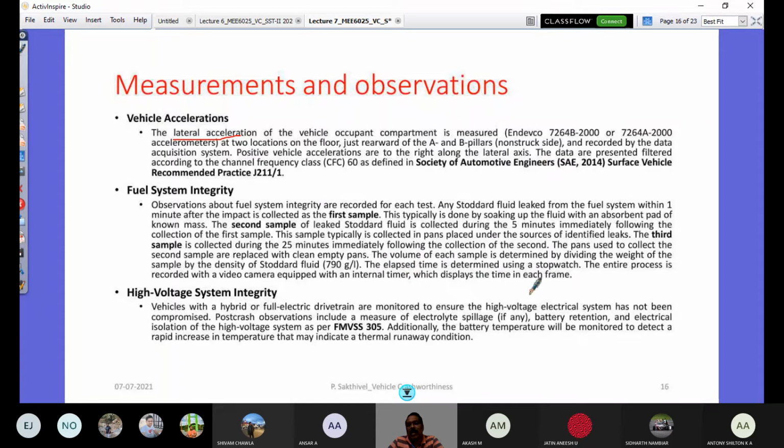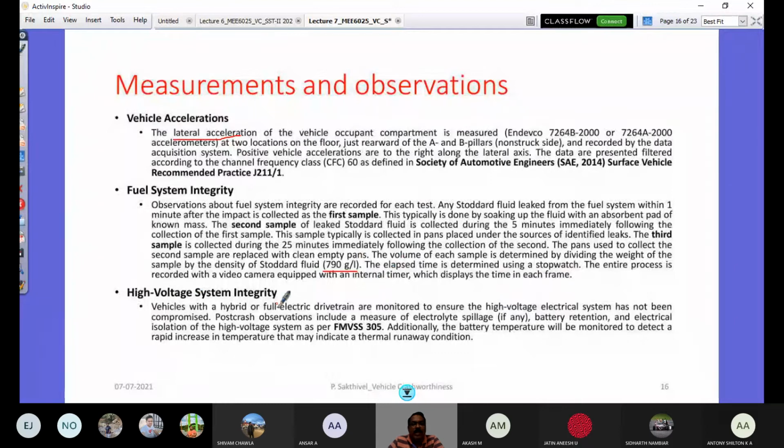The volume of each sample is determined by dividing the weight of the sample by the density of the stored fluid. The entire process is recorded with a video camera equipped with an internal timer, which displays the time of each frame. So this is the fuel system integrity test.